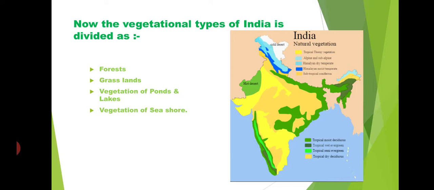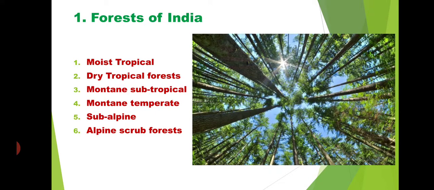Now, the vegetation types of India are divided as forests, grasslands, vegetation of ponds and lakes, and vegetation of seashore. Okay. So, this is the accepted classification now existing. What are they? The vegetational types of India can be divided into forests, grasslands, vegetation of ponds and lakes, vegetation of seashore. So, we will study one by one.